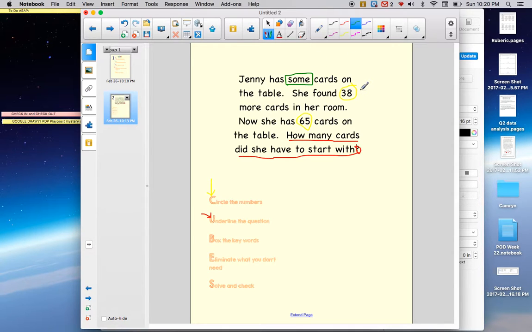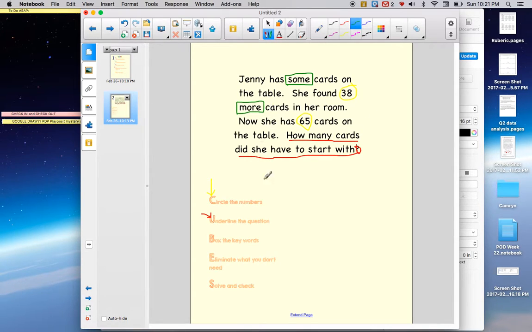It helps me know that that's the part I don't know. That's my unknown, my missing number. Some. More. Ooh, more. I'm thinking back to what my teacher said. More normally means plus. So hopefully I'm right on that one.